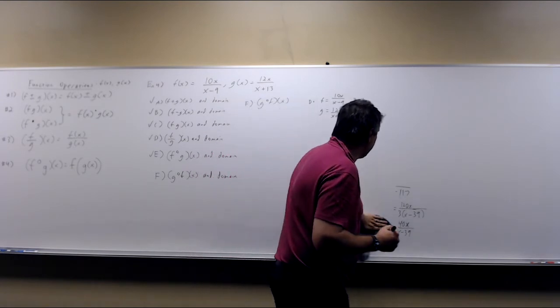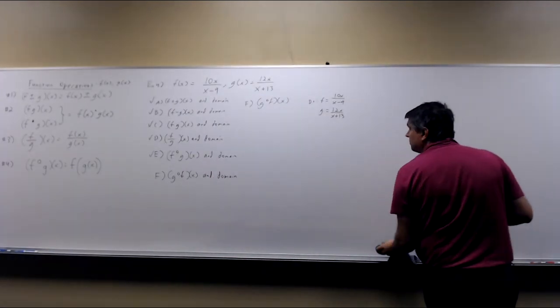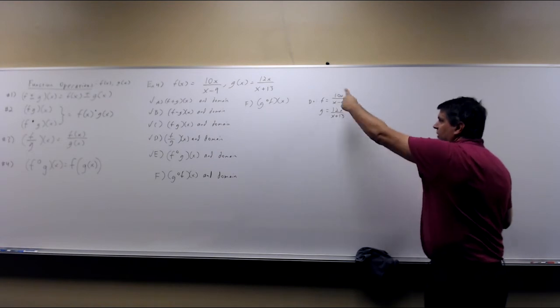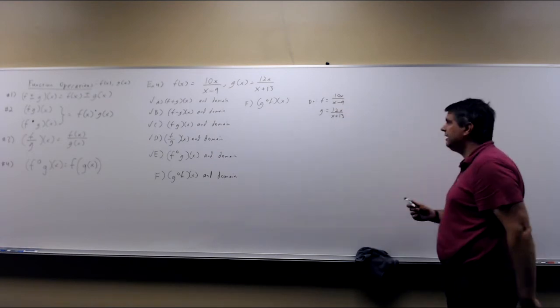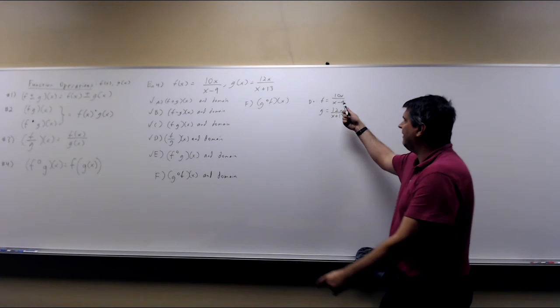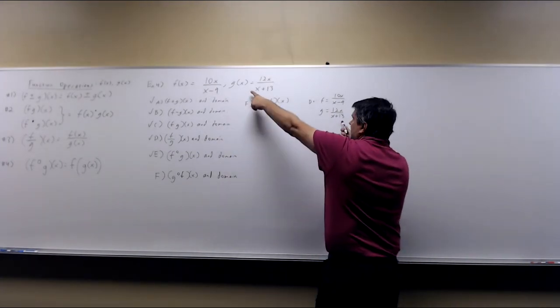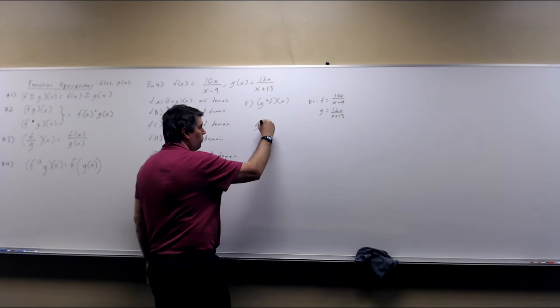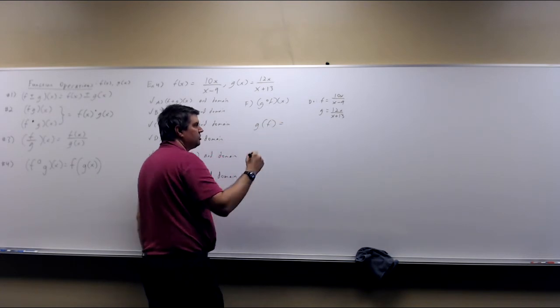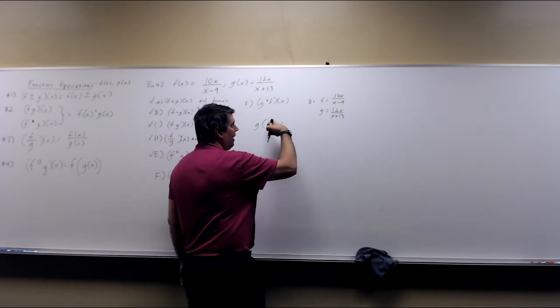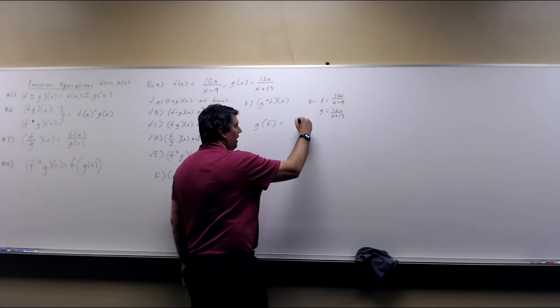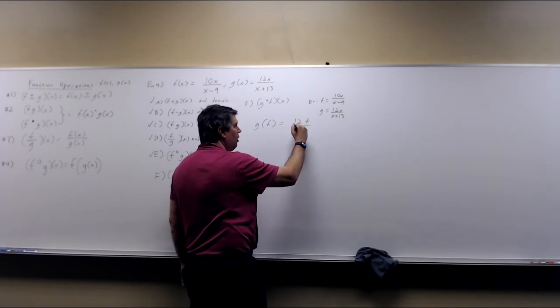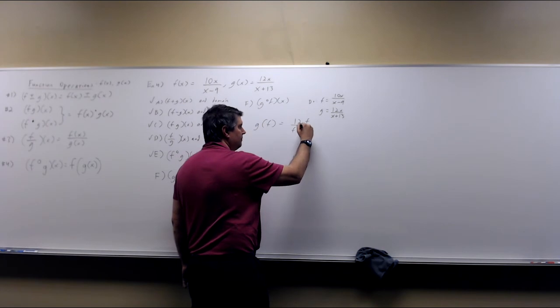Once again, I'm going to start with the new variables. F equals the f of x, and g equals the g of x. So g of f equals, I'm going to plug f into g, so that's going to be 12f over f plus 13.